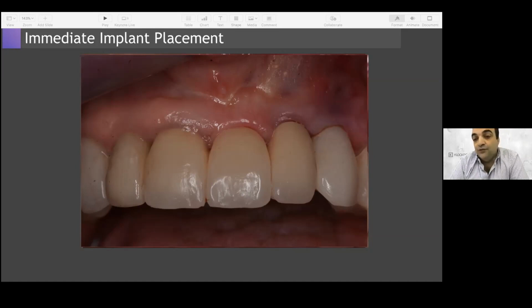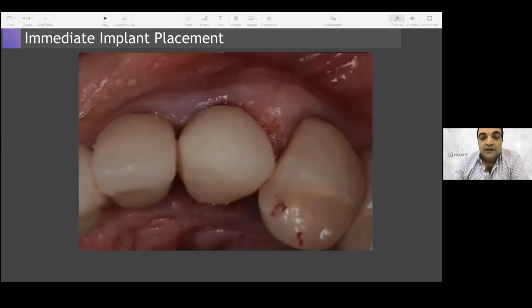Even before our surgery, look at the level of the gingiva on the lateral. It's higher than the gingiva on the central, and we don't want to have recession after our implant treatment here.